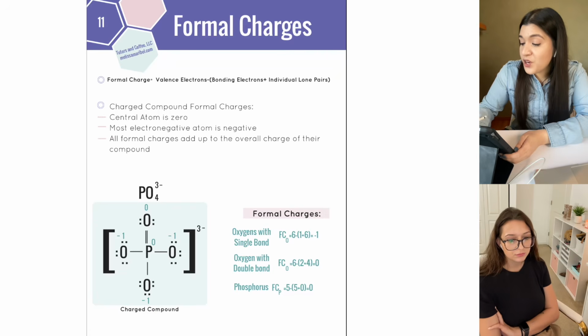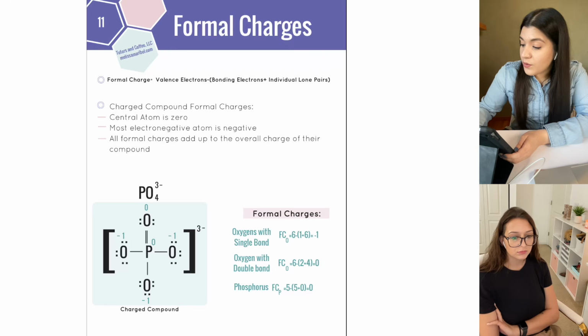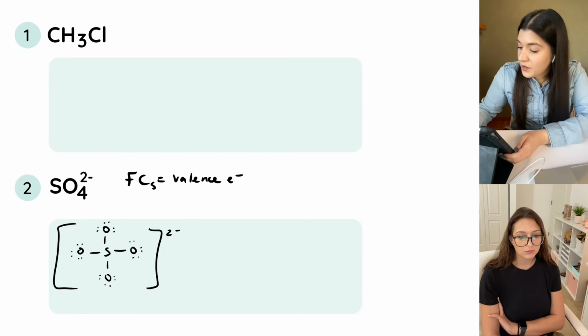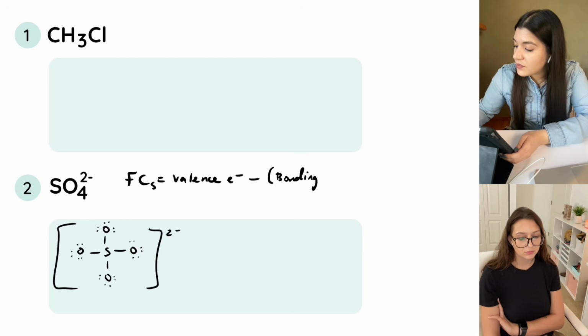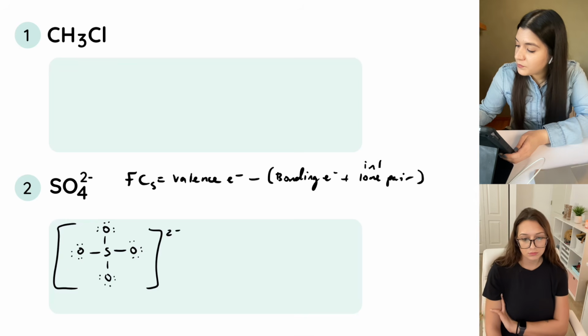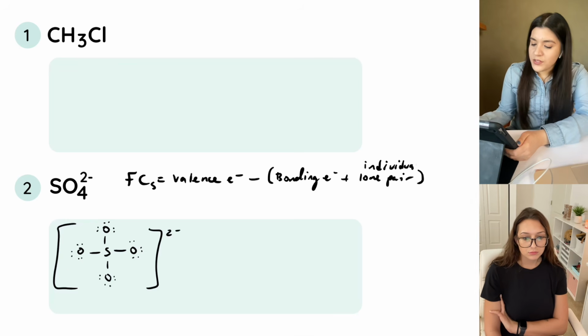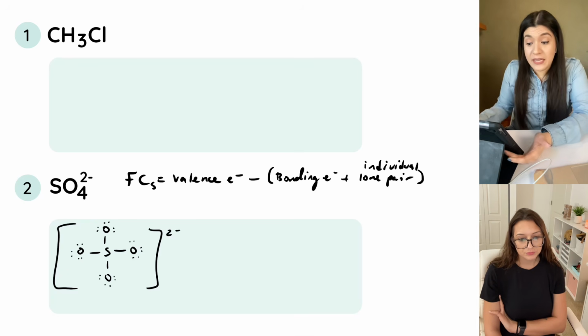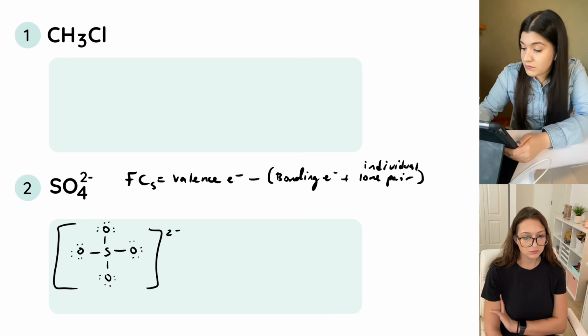I'm going to subtract the bonding electrons, meaning the electrons on the bond, plus the lone pairs, and it's each individual one. So for sulfur, the typical amount of valence electrons that we said it has is 6.